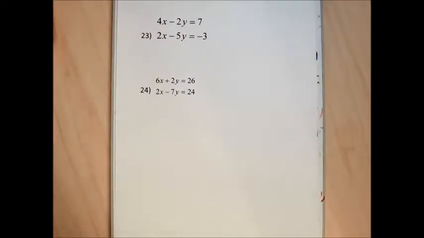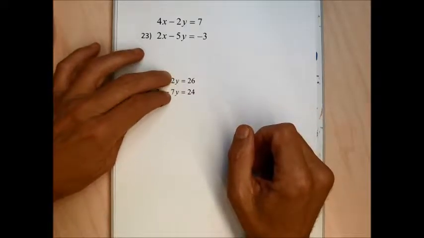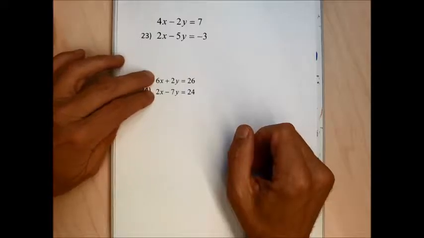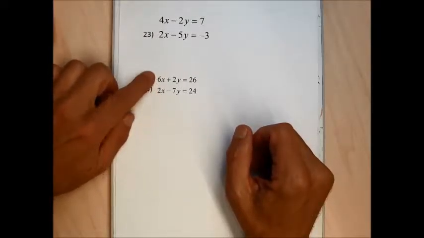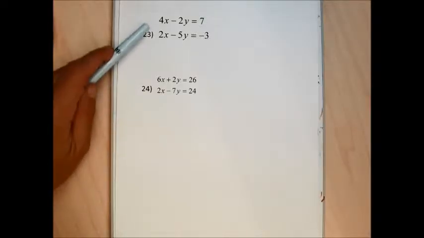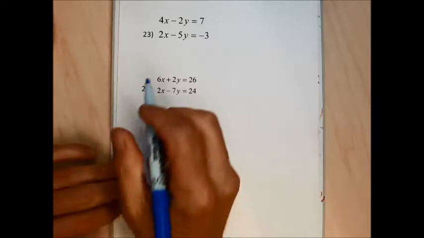So when I look at 24, the y's have different signs. They seem appealing to eliminate. The x's are also appealing to eliminate because to get this equation to look like that equation, I just have to multiply by 3. There's two ways to get this problem 24 started. And to be consistent with what I do in problem 23, I'm going to pick the x to eliminate.